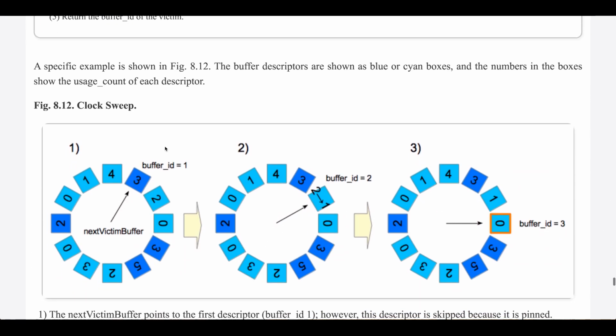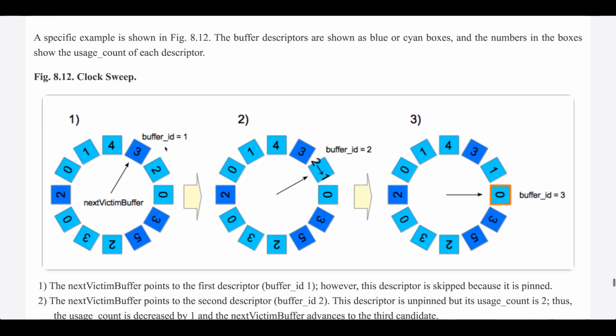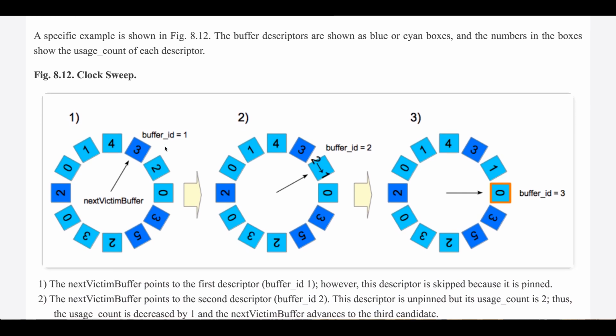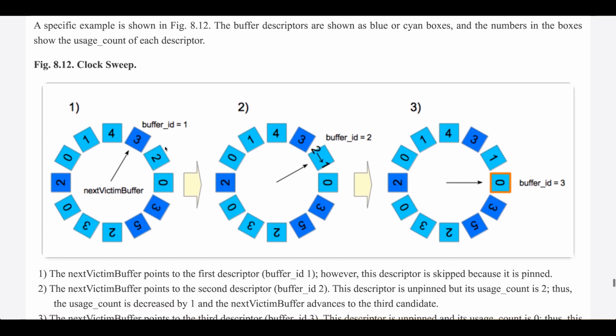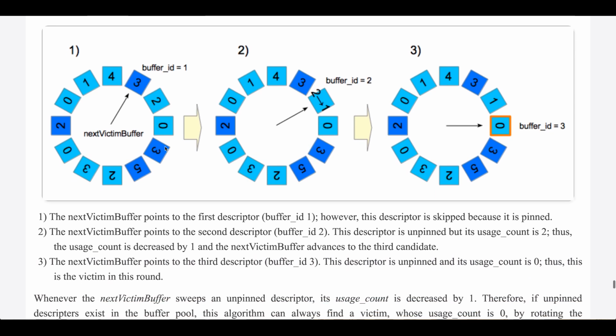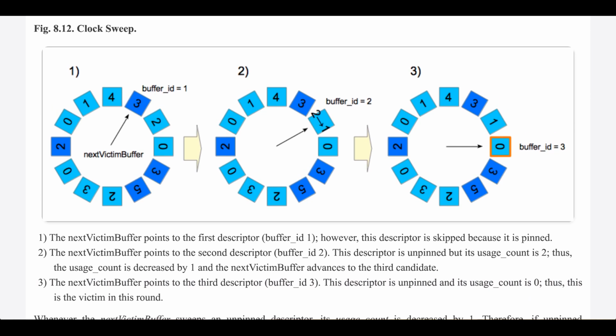A specific example is shown in figure 8.12. The buffer descriptors are shown as blue or cyan boxes, and the numbers in the boxes show the usage count of each descriptor. Clock sweep. 1. The next buffer pointer points to the first descriptor, buffer ID 1.